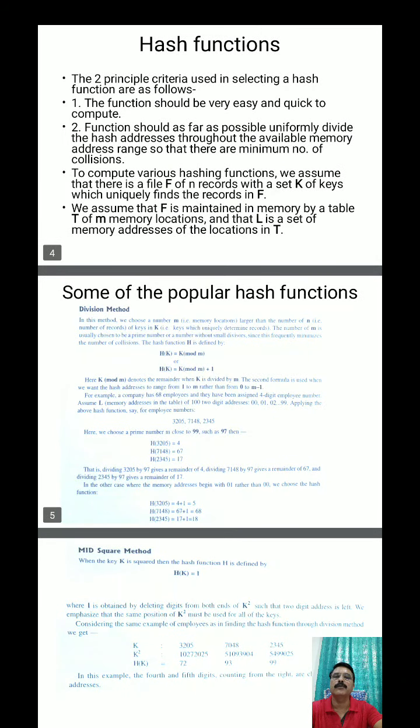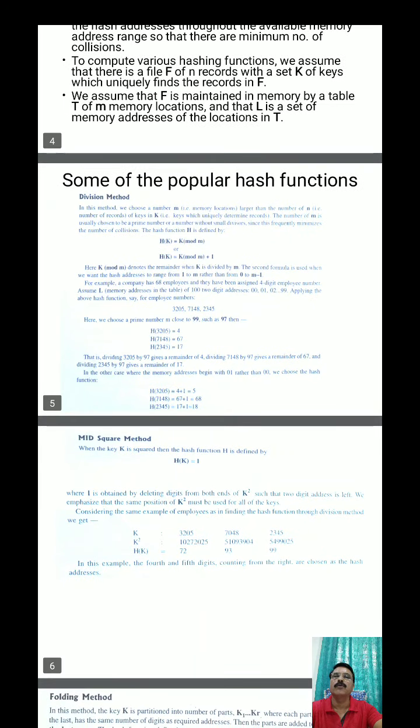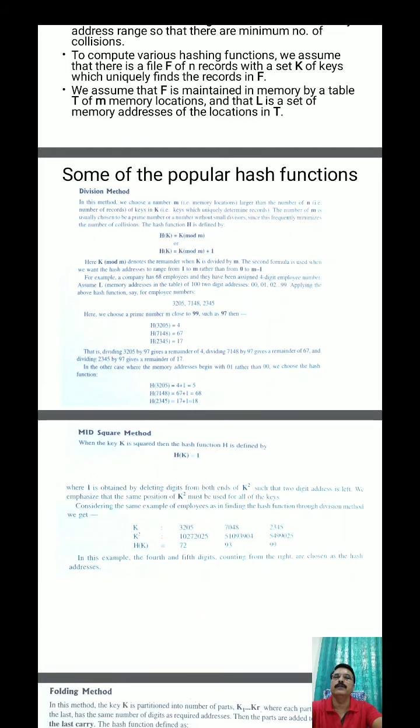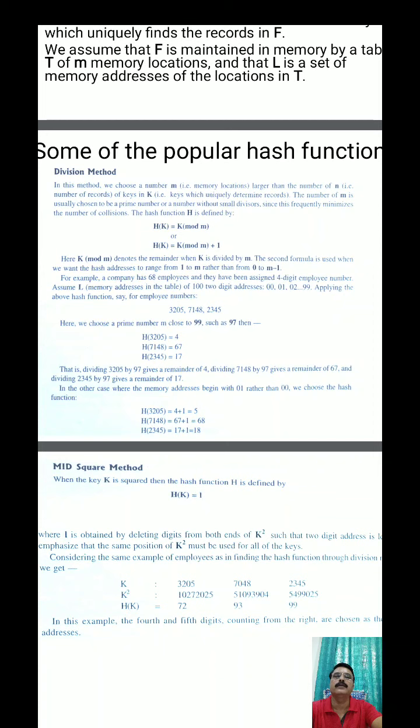Now let's see some of the popular hash functions. One method is the division method. In this method, we choose a number m, that is memory location, larger than the number n of records of keys in k, the key which uniquely determines the records. The number m is usually chosen to be a prime number or a number without small divisors, since this frequently minimizes the number of collisions.